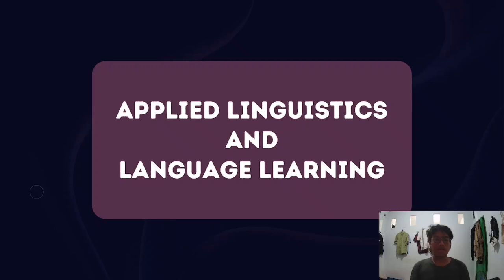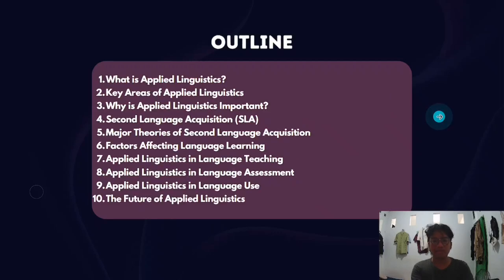Without further ado, let's begin. There are 10 outlines here. The first is what is applied linguistics. Second, key areas of applied linguistics. Third, why is applied linguistics important. Four, second language acquisition.